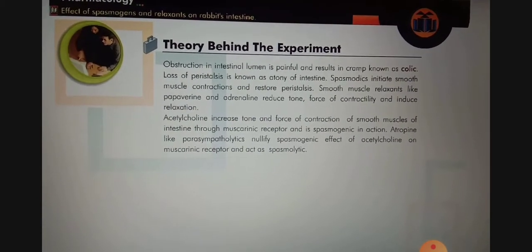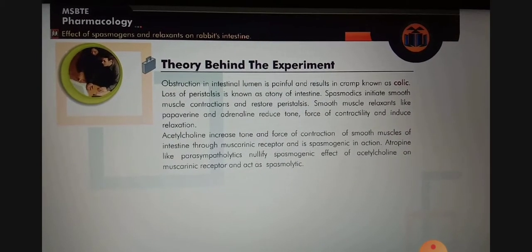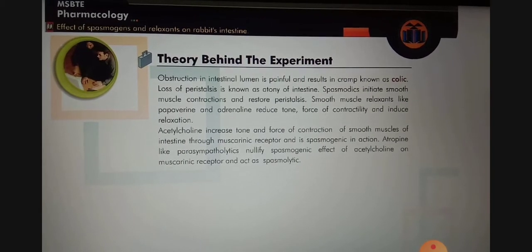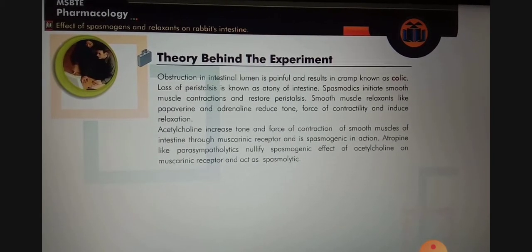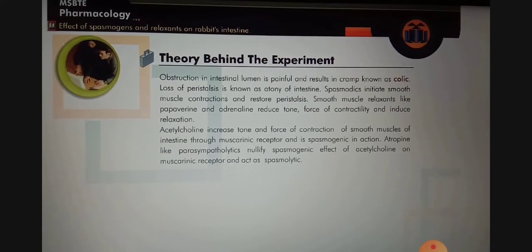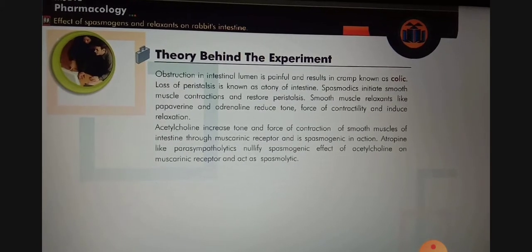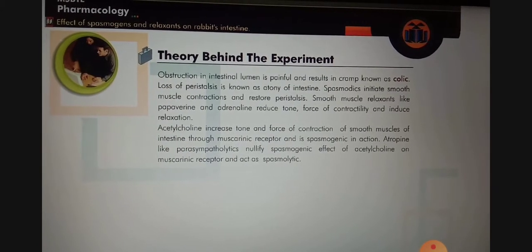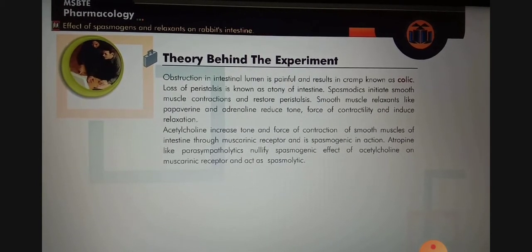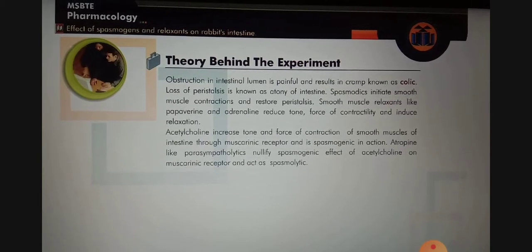Obstruction in intestinal lumen is painful and results in cramp known as colic. Loss of peristalsis is known as atony of intestine. Spasmodics initiate smooth muscle contractions and restore peristalsis. Smooth muscle relaxants like papaverine and adrenaline reduce tone, force of contractility and induce relaxation.